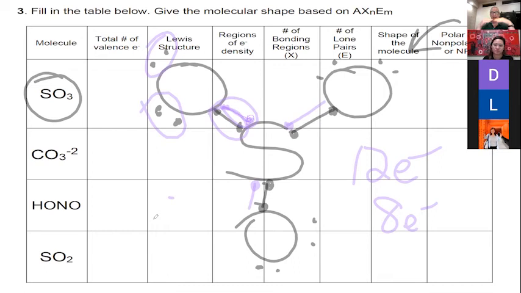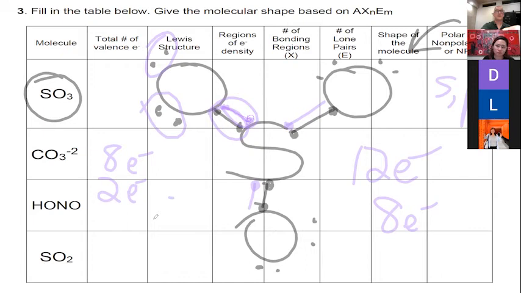Every time we add a period, we add a new shell. We add a new energy level. So in the first energy level, if you remember, there was room for 2 electrons. The second energy level, there was room for 8 electrons. But on the 3rd energy level, we have an S subshell, we have a P subshell, and we have a D subshell now. And this D subshell has room for 10 electrons in it.